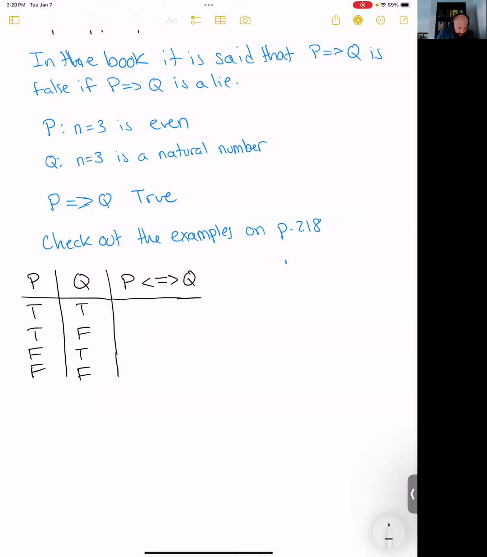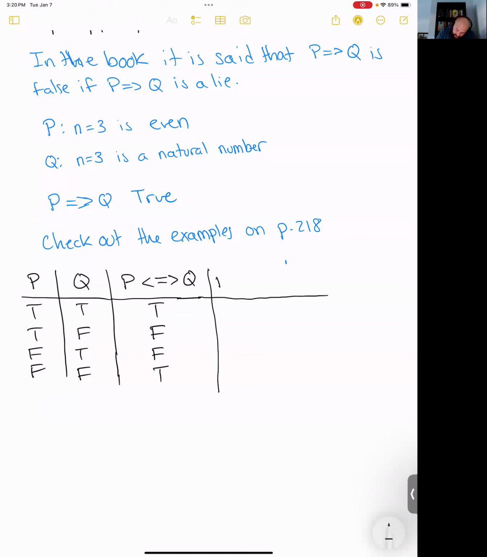So here, P if and only if Q, then it'll be true. In this case, it'll be false, false, and it'll actually be true in this case because the false goes in both directions.